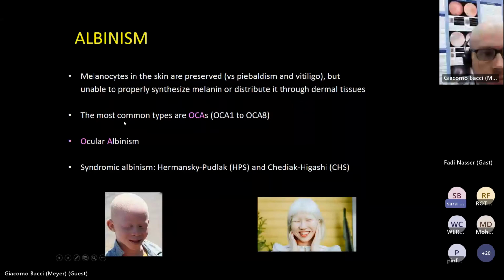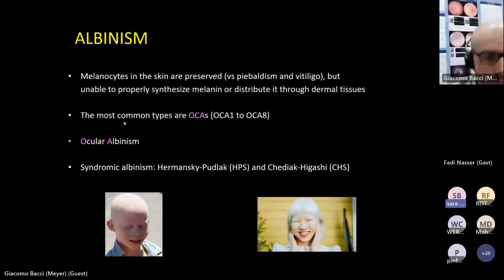So talking about albinism, as I said, this is the most common condition in which we can find foveal hypoplasia. It's a group of conditions in which we have reduced or absent melanin production in the ectodermal tissues.